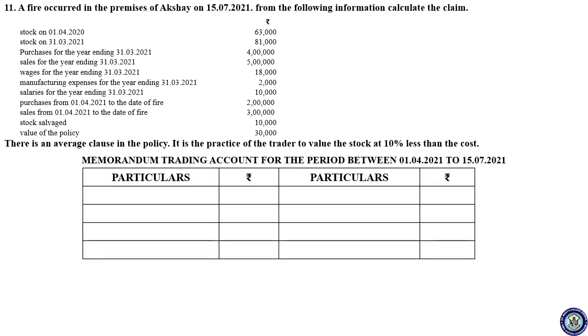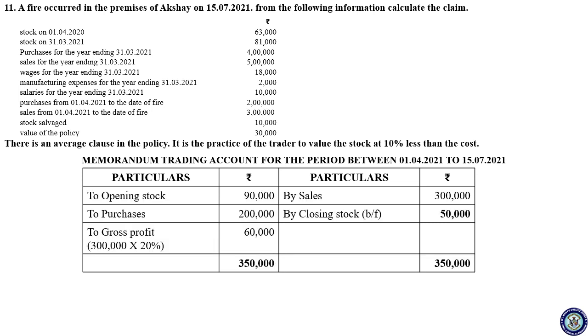Next, you have to prepare the memorandum trading account for the period between 1/4/2021, that is the opening date of the current year, to 15/7/2021, that is the date when the fire occurred. So your opening stock, that is the closing stock of the previous year, 90,000. Purchases, given there, from 1/4/2021 to the date of fire.